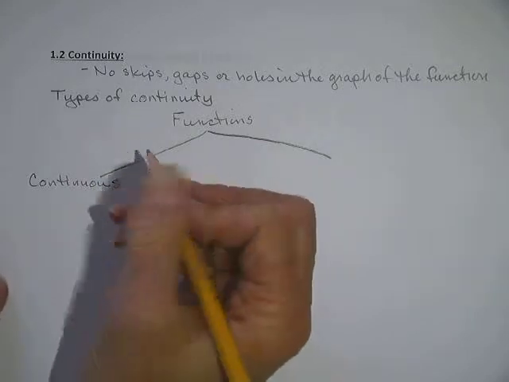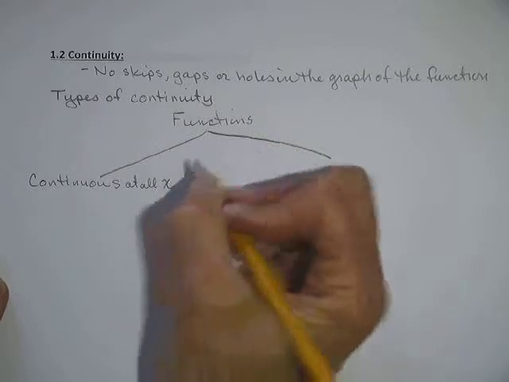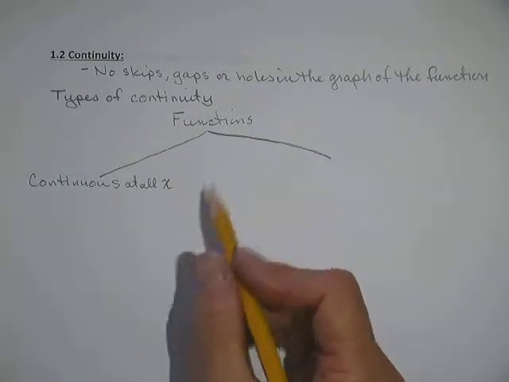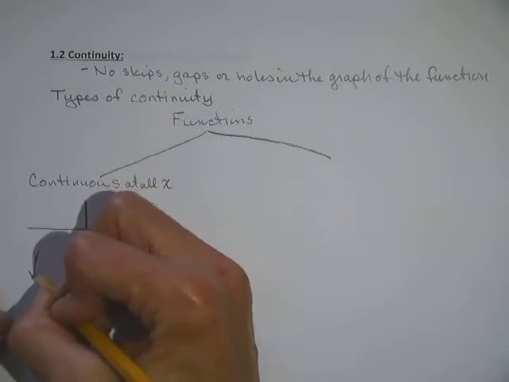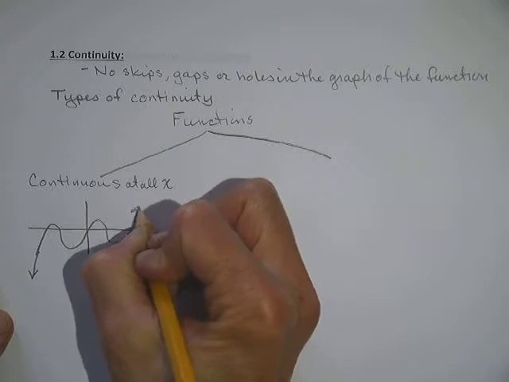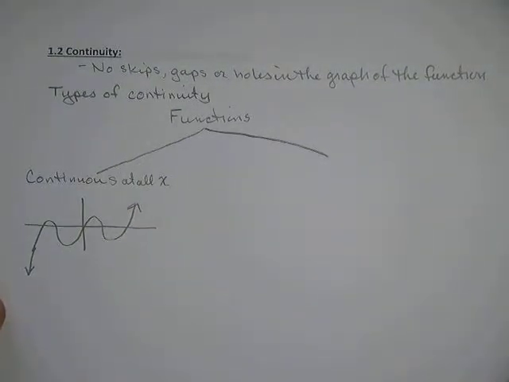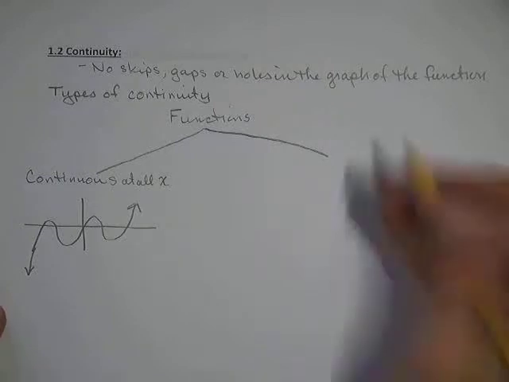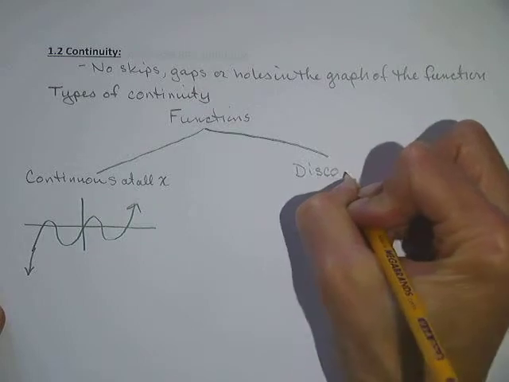We have continuous at all x. A function is continuous at the point. So it would be a graph that kind of maybe went down like this, came up, swirled around, and then ended up maybe going like that. There are no gaps, there's no jumps, it's just continuous, it keeps on going.